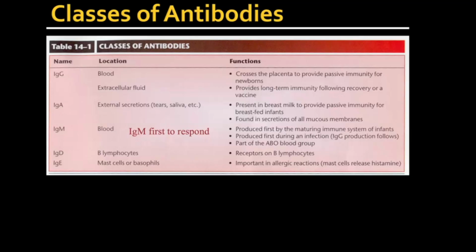It's located in your bloodstream, and that's a good thing because floating around in your bloodstream is a really good way to get from point A to point B, to get to the area where you're needed. IgM is the first type or class of antibody to respond. It's parked right there on the 405. It's ready to get on the entrance ramp.